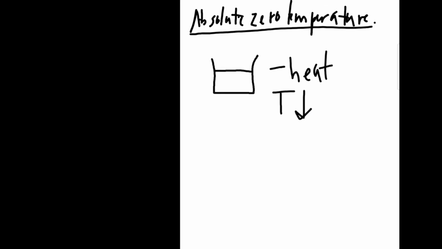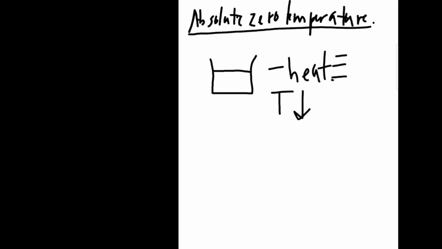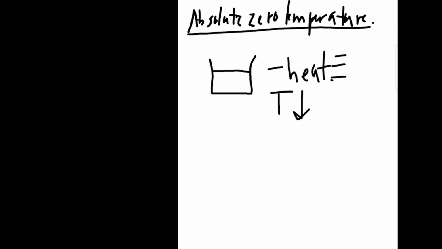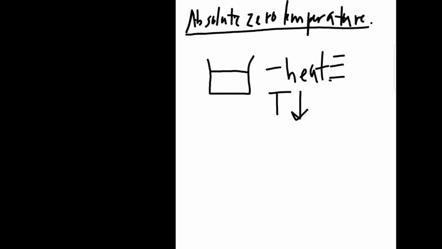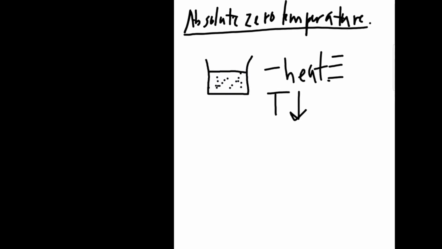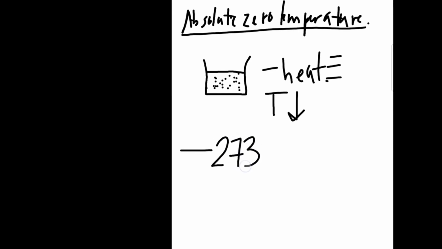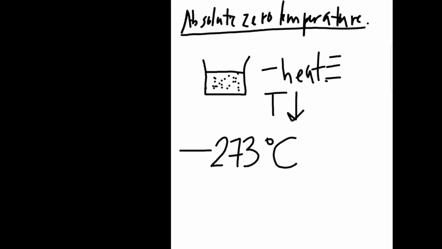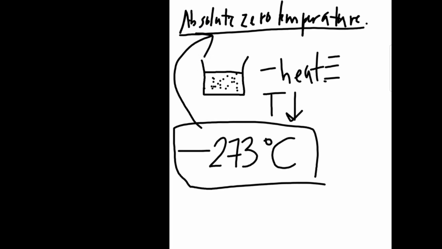But if we keep removing heat, you will reach a temperature at which all the particle motion in here almost stops and is barely moving, which is equal to negative 273 degrees Celsius. This temperature is called absolute zero temperature.